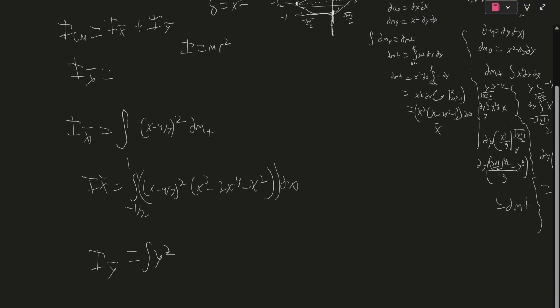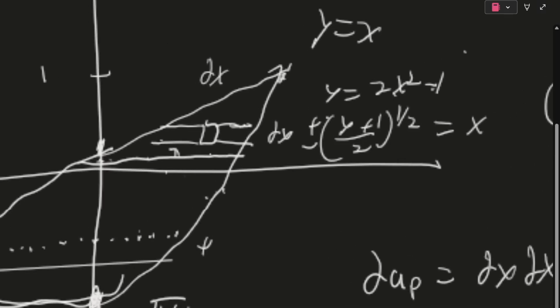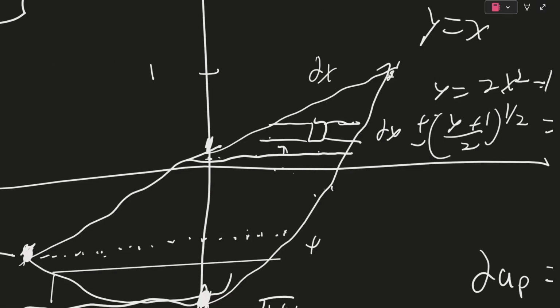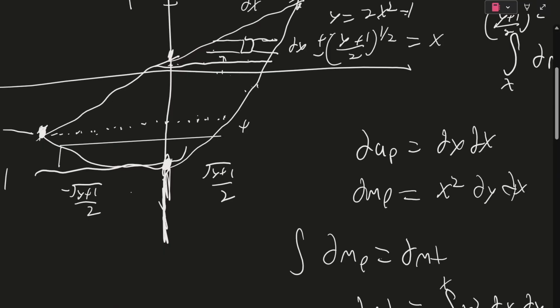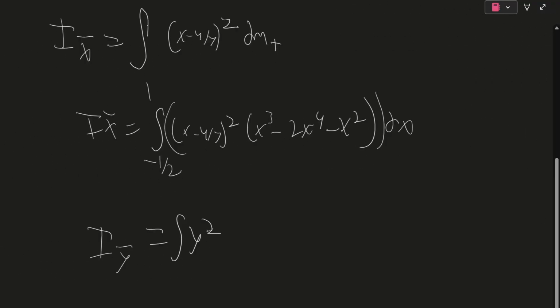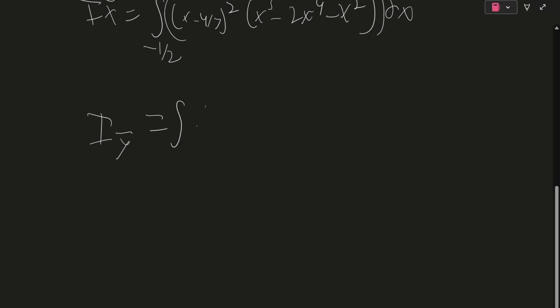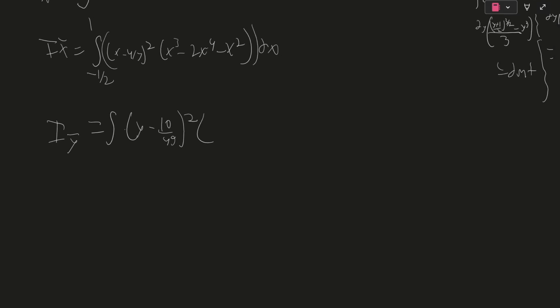And so now, as we talked about earlier, our radius from a parallel axis is just going to be the distance between 10 over 49 and each different y value, which can be written as y minus 10 over 49, and that's going to be squared because of our general moment equation. So it's going to be y minus 10 over 49 squared, multiplied by our dm.